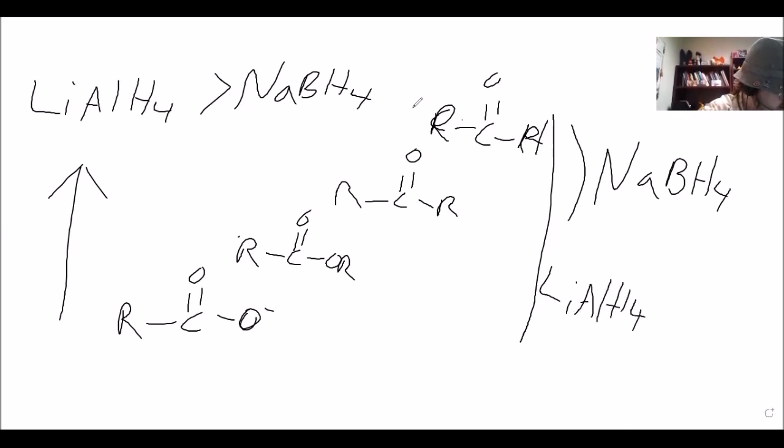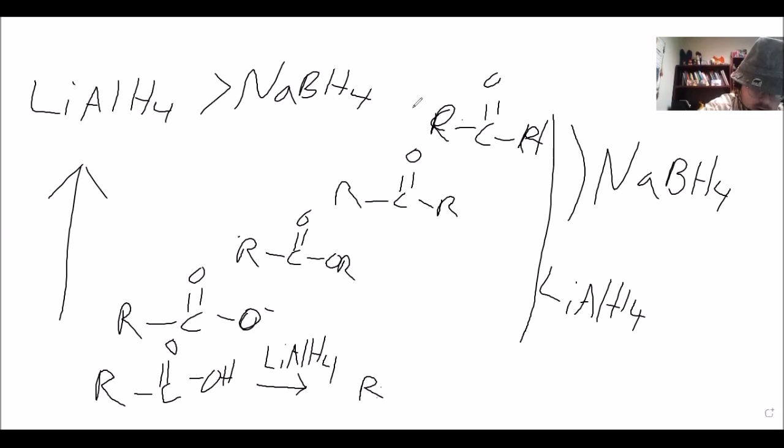And fully reduce. So if we wanted to, say, avoid overreacting, you would choose which one you have. For example, an ester, with the first addition of lithium aluminum hydride, puts it into a similar situation as the Grignard.